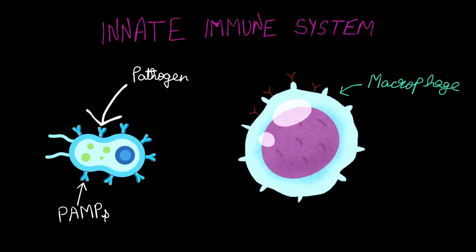These are molecular signatures present specifically on microbes but absent from human cells. Macrophages detect these PAMPs present on the surface of the pathogens using special receptors present on their own surface, which are known as toll-like receptors or TLRs.